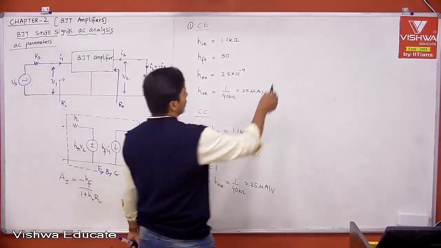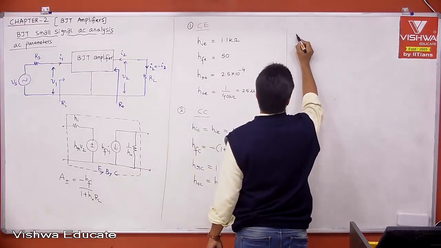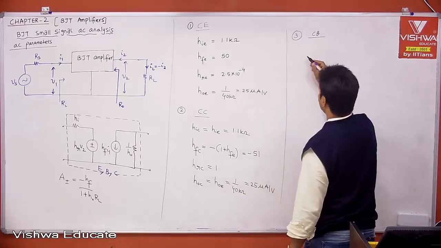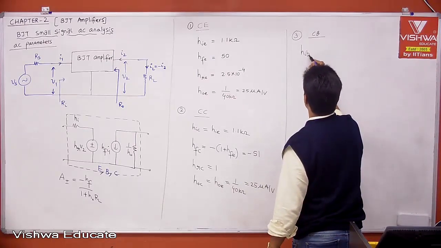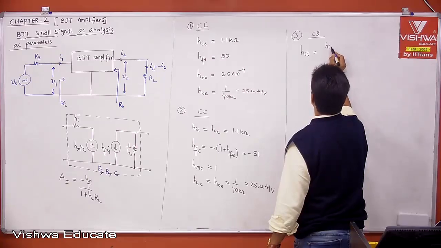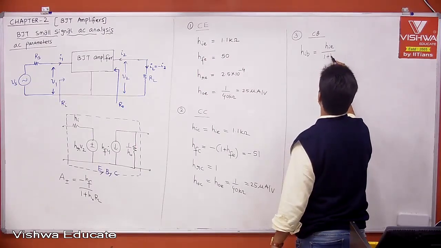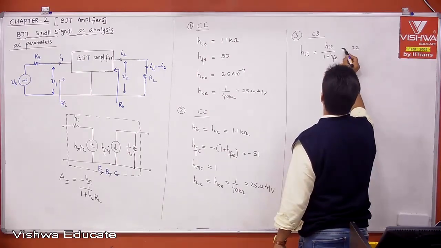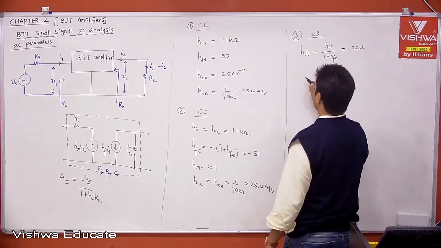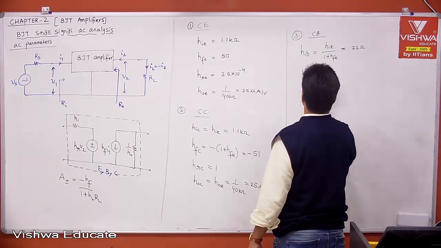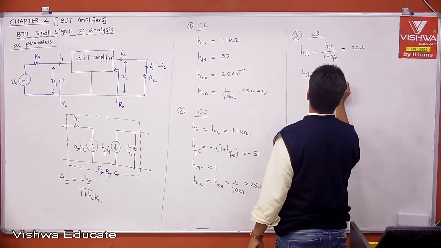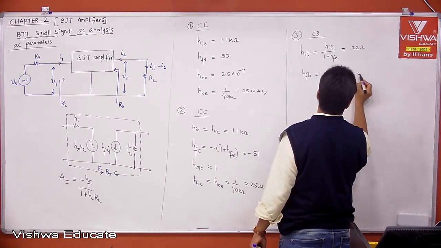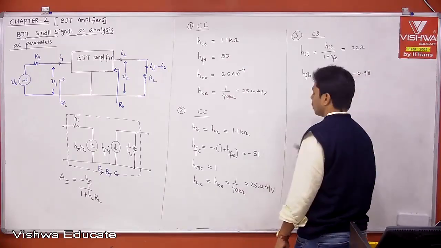Similarly, third one, the CB configuration. HIB is equal to HIE divided by 1 plus HFE, which is basically 21 point something, approximately 22 ohm. Then HFB is equal to minus HFE divided by 1 plus HFE, which is minus 0.98, approximately equal to minus 1.